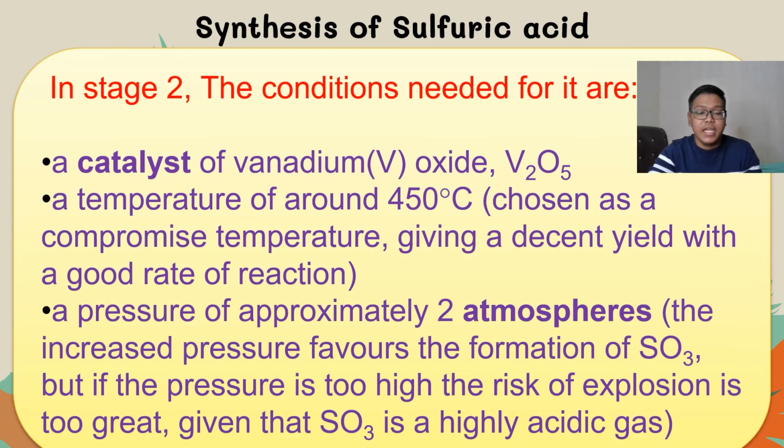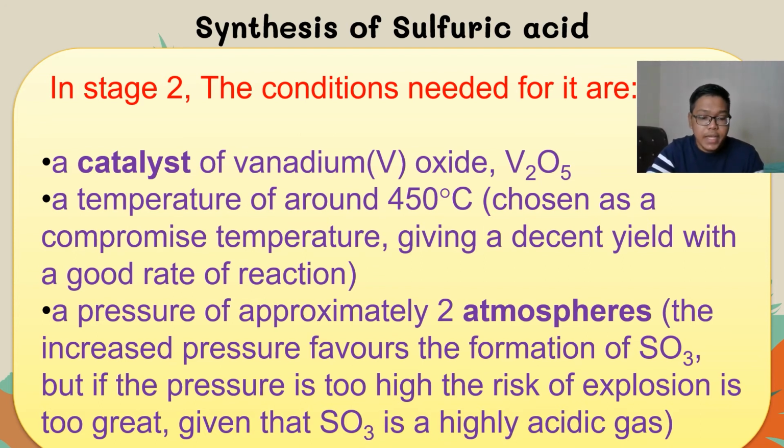In stage 2, the conditions needed are a catalyst of vanadium(V) oxide, V2O5, and a temperature of around 450 degrees Celsius, chosen as a compromise temperature, giving a decent yield with a good rate of reaction.